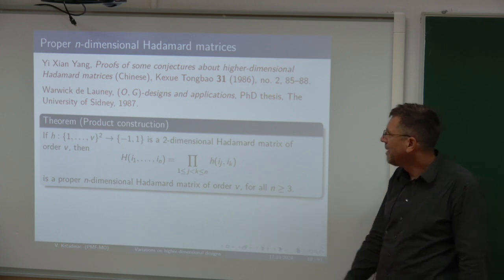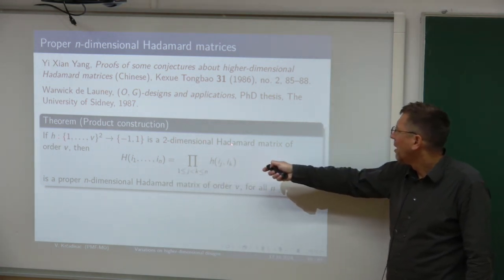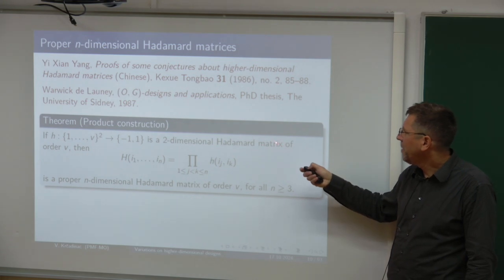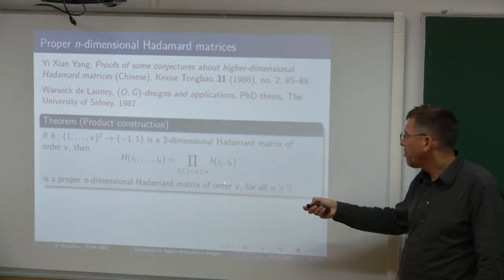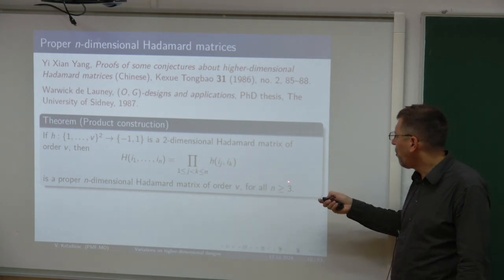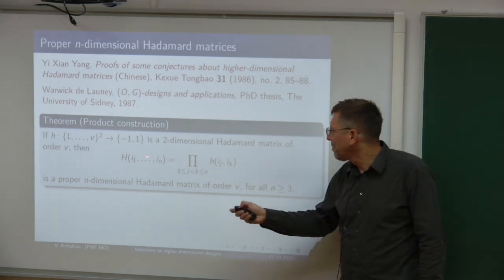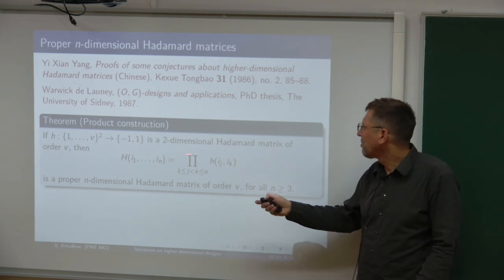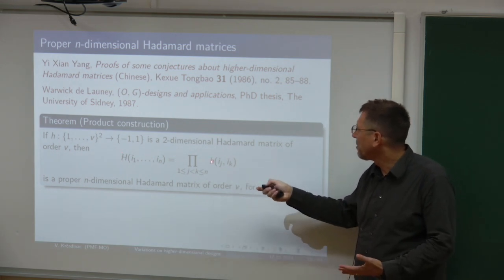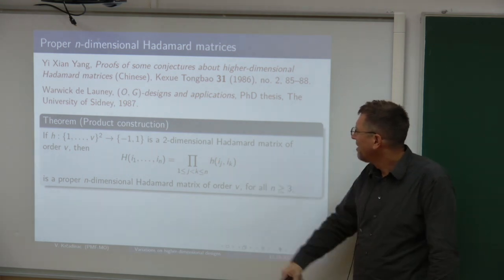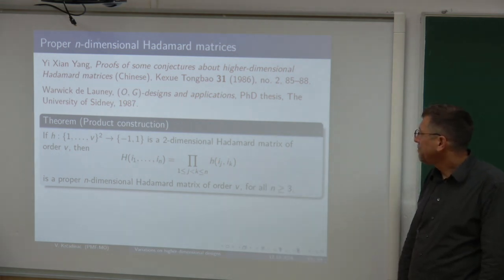Whenever you have an ordinary or two-dimensional Hadamard matrix, then you can build an n-dimensional Hadamard matrix of the same order for all dimensions. It's just a formula that gives you how to build this n-dimensional thing from the ordinary, two-dimensional matrix, and it works.